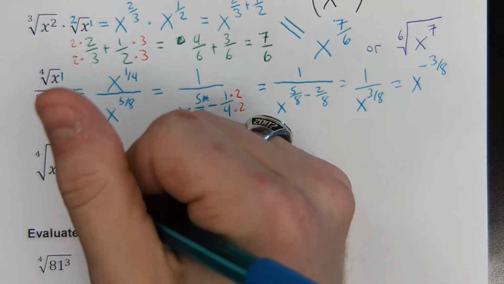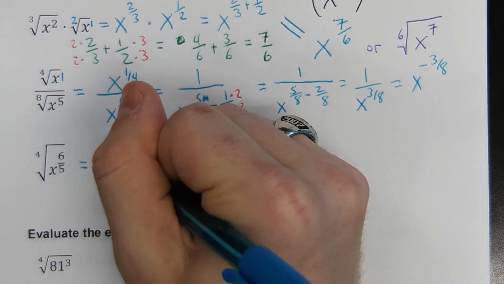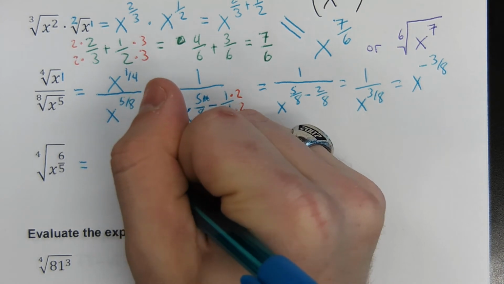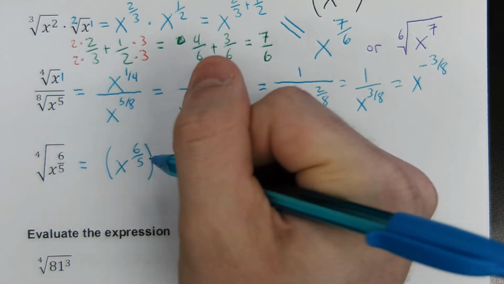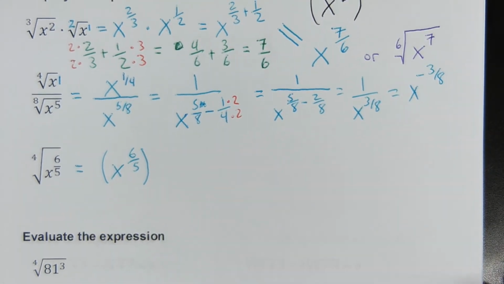Or I could write just the radical as an exponent. I could write the 4th root as an exponent. And what kind of exponent is it? Just the 4th root.